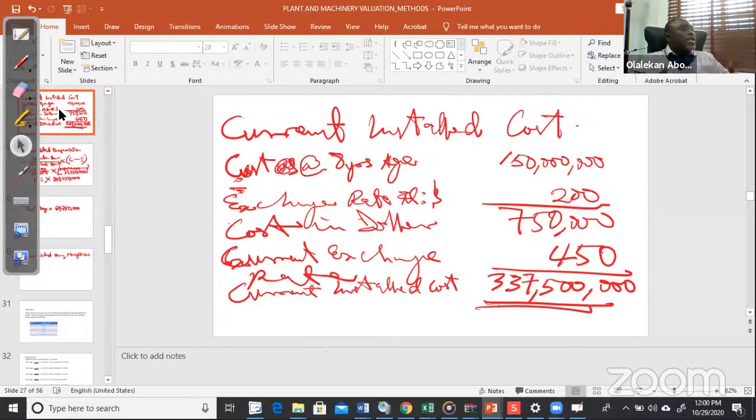So the amount they bought in dollars, when converted to naira, was 150 million. Now, today our exchange rate is no more 200, it's 450. Even if there is no inflation, we have a difference in exchange rates. It means an asset of $1 that would have cost 200 naira will be costing 450 now.